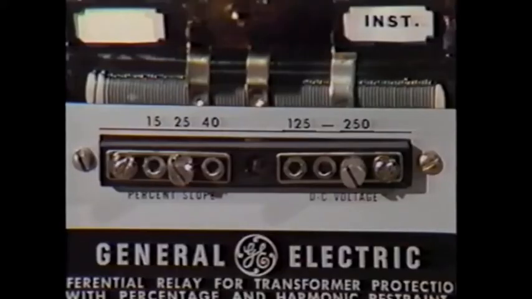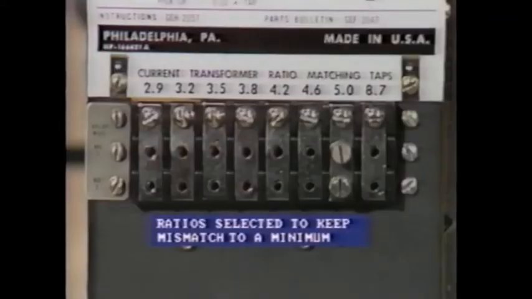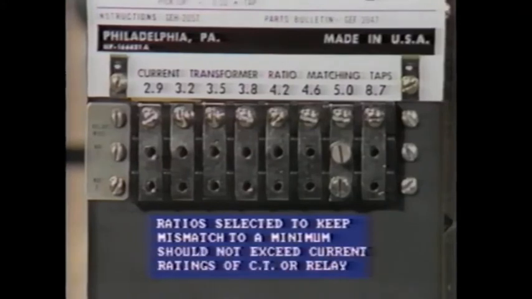Now, in both of these answers, the mismatch percentage is far less than the restraint slope, which is usually set between 20 to 40% on transformer differential protection. The CT ratios should be selected to keep this mismatch to the absolute minimum. But at the same time, the current on the CT secondary should not exceed the current ratings of either the CT or the relay restraint coils.